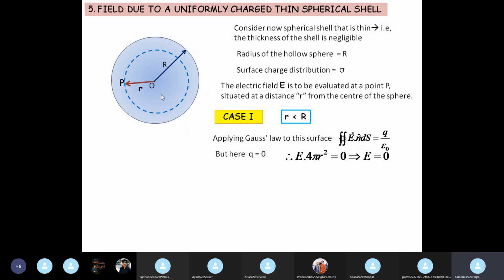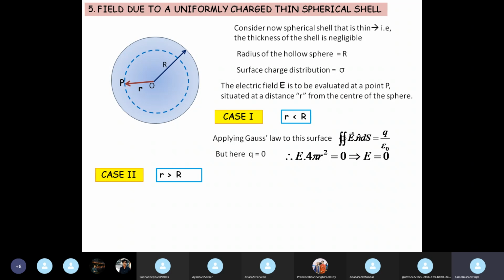So in this case, E is 0. Just like the thick spherical shell, when you find the field inside the thin shell in the empty region, there is no field, no contribution of the charges at a point which is inside the shell.